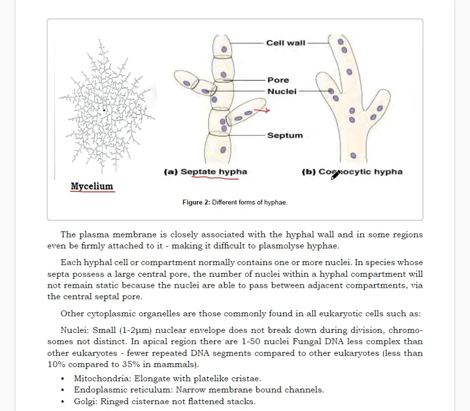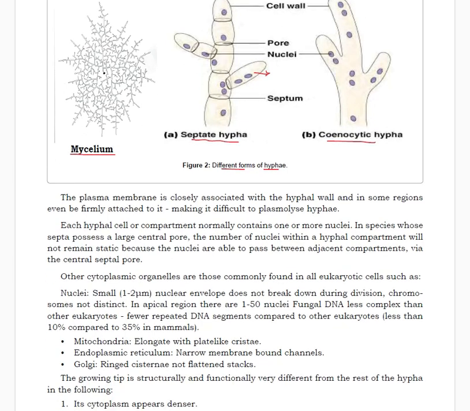There is coenocytic hypha, where pores are present, and several nuclei are present in a single cell. This is known as coenocytic hypha. Okay, understandable. These are the different forms of hyphae: septate hypha, and coenocytic hypha, where several nuclei are present.